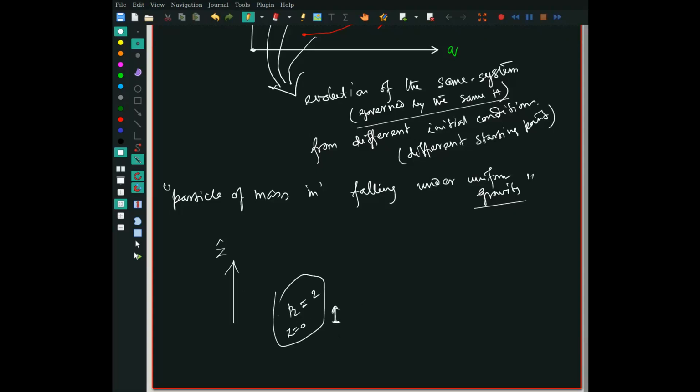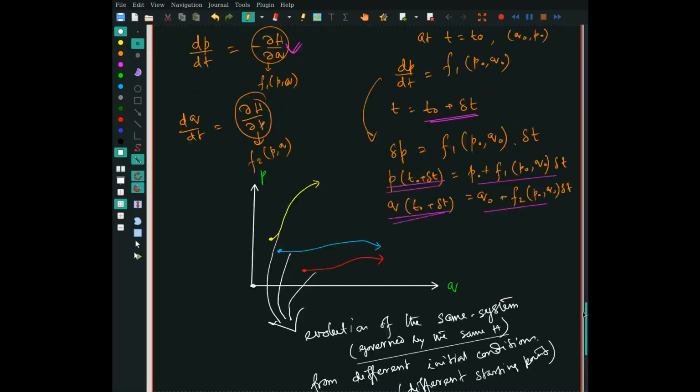So at t equals 0, z equals 0 and pz equals 2. The particle basically starts from somewhere about here. So this is the initial condition.